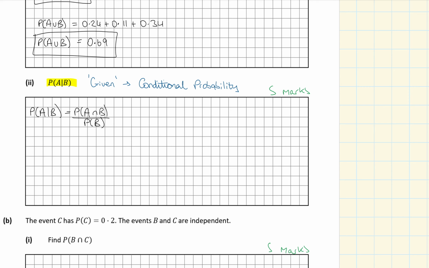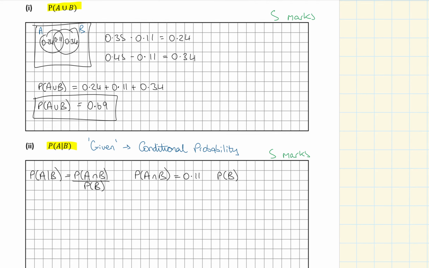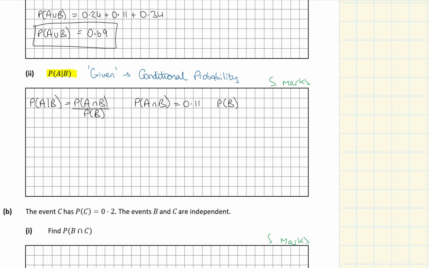Okay, so we need the probability of B. No harm just to write your separate parts out. The probability of A intersection B is 0.11 and the probability of B, which we had above, was 0.45. So we have 0.11 over 0.45.